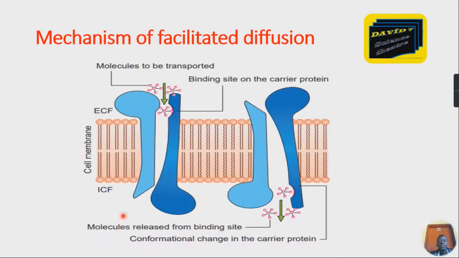The mechanism of facilitated diffusion is simple. The molecule to be transported will bind to a site on the carrier protein in the extracellular fluid. We shall have binding of the amino acid or glucose molecule on the binding site of the carrier protein, and this binding will cause conformation changes within the carrier protein. These conformation changes do not use energy; they are not dependent on energy, so it is passive.